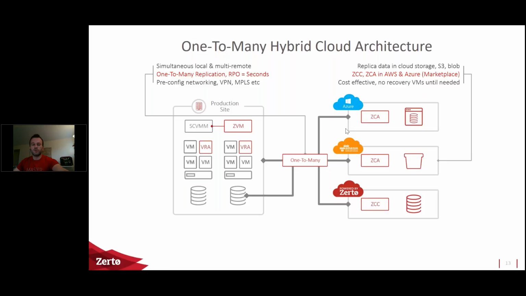So just to give you some examples here, let's talk about Zerto in Azure. What do we need there? You go into the Azure Marketplace, and you can deploy a VM from that marketplace that gives you it pre-configured, and you're going to deploy a D3 v2 VM. On there, you're going to install the Zerto Cloud Appliance software. The Zerto Cloud Appliance software is simply a combination of a virtual manager and a virtual replication appliance in one.